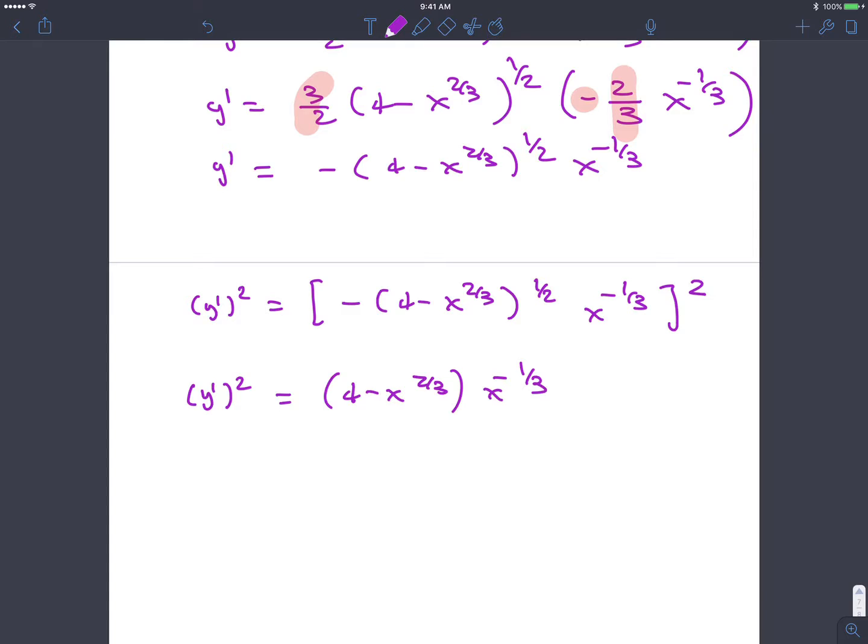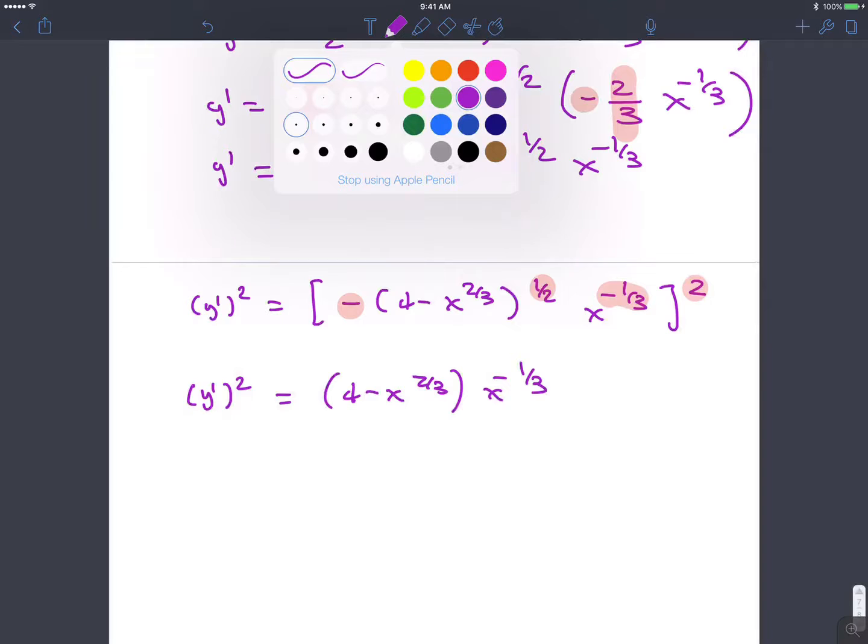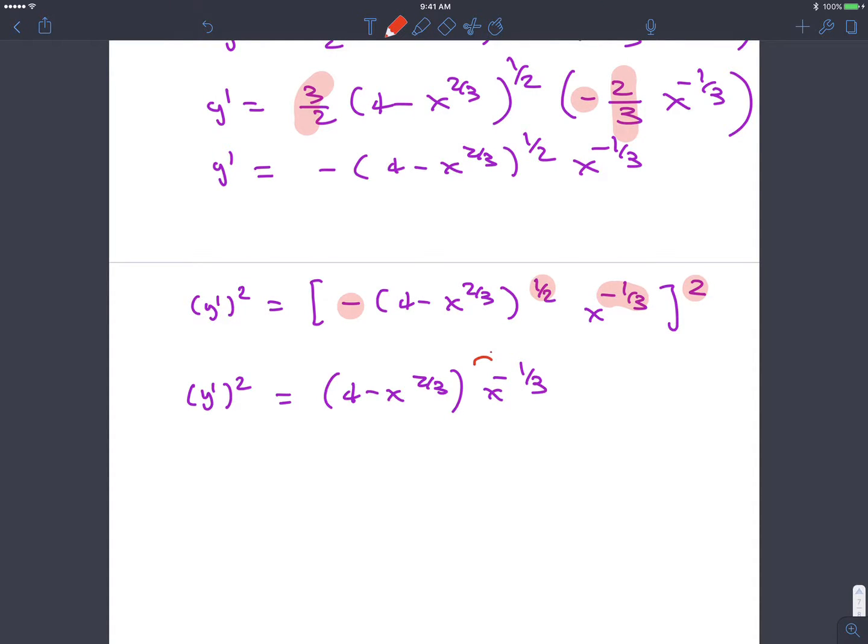Am I okay with that? You guys know what I just did? I took this 2 and I distributed that power 2 to both of these bases. And if I square a negative 1, what happens there? Looks like it's positive. Is that right? Okay, you guys okay with that? Okay. Now, do you guys know what I'm going to do with this now? I'm going to distribute.